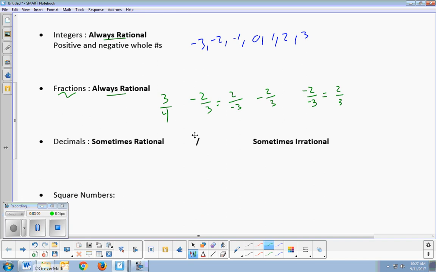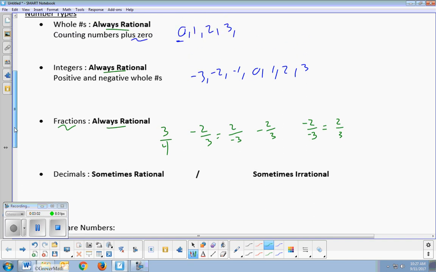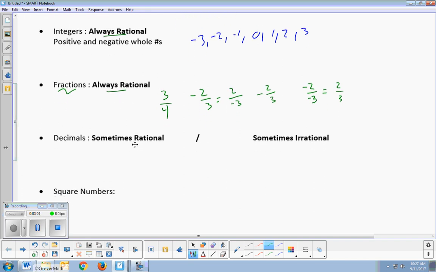Decimals, now here's where we get away from always rational. Decimals are sometimes rational and sometimes irrational. Decimals that are rational end or repeat. Like the decimal 0.5 ends. That's it, after it there's nothing. Or the decimal 0.5 repeating, you know that repeating bar, where it's like 0.555555555 and it goes on with fives forever.